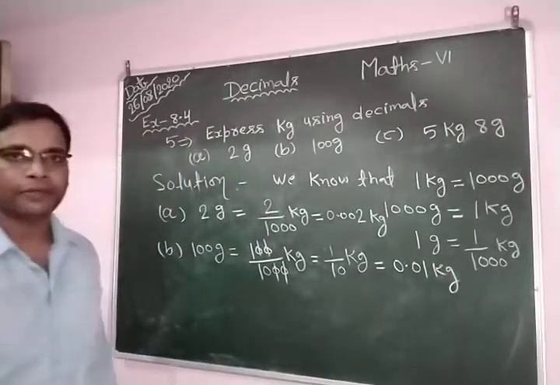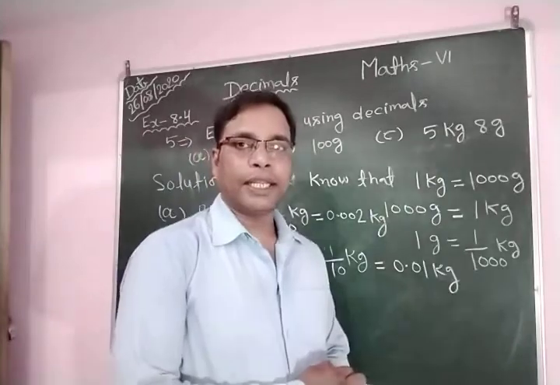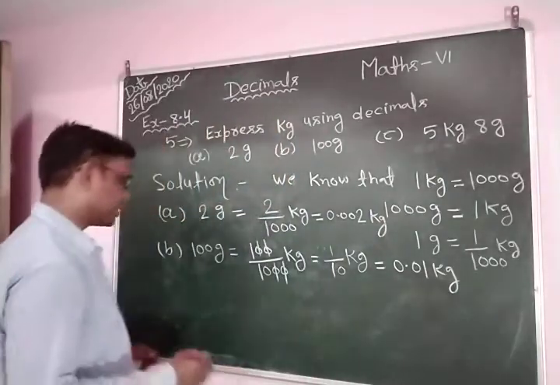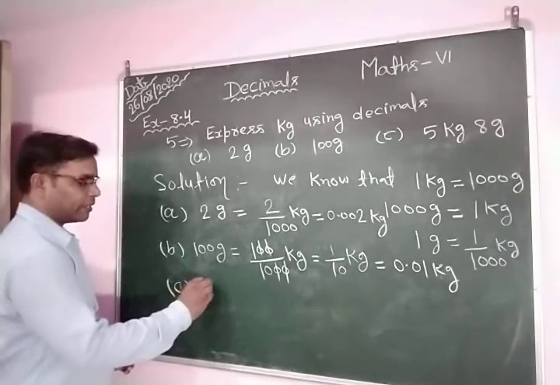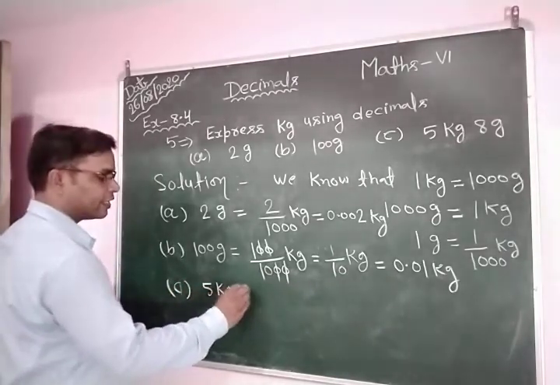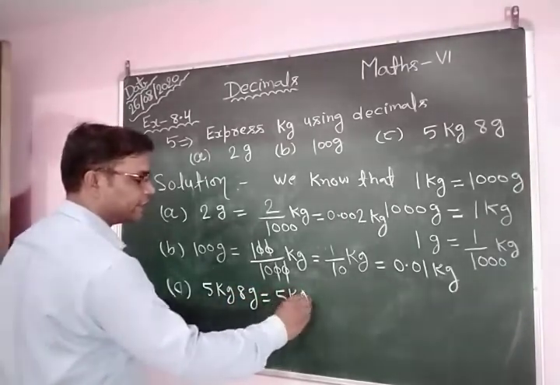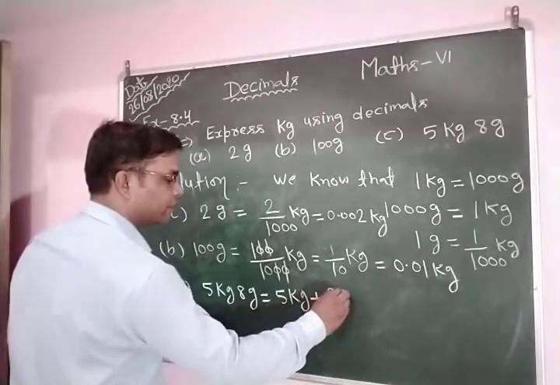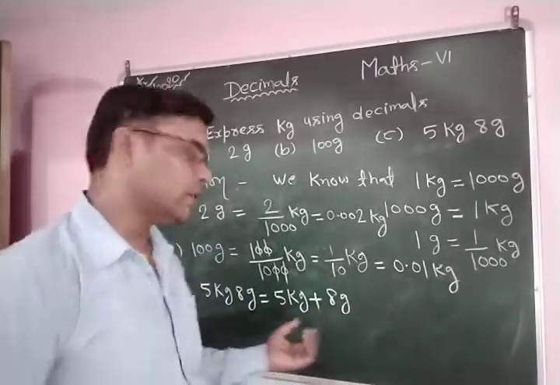And the next is 5 kilograms 8 grams. This is the C part: 5 kg 8 g. We can write 5 kilograms as it is, plus 8 grams. We need to convert these 8 grams into kilograms.